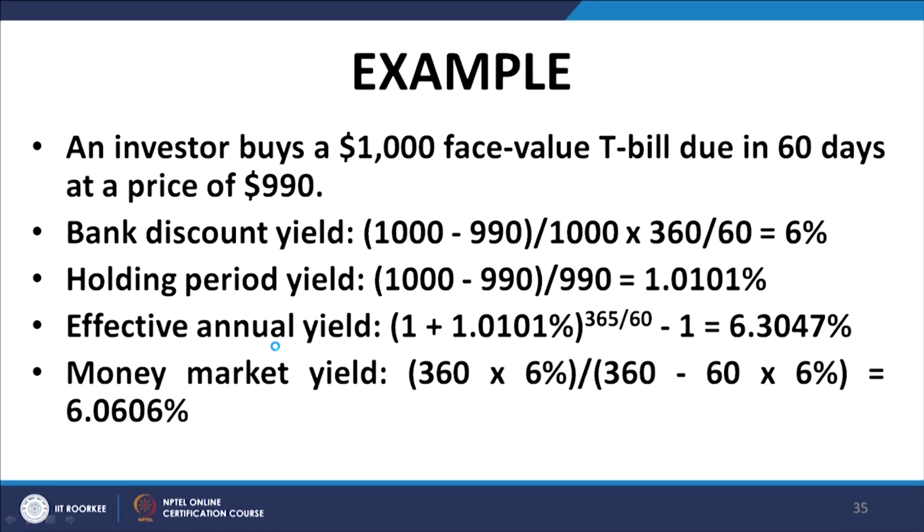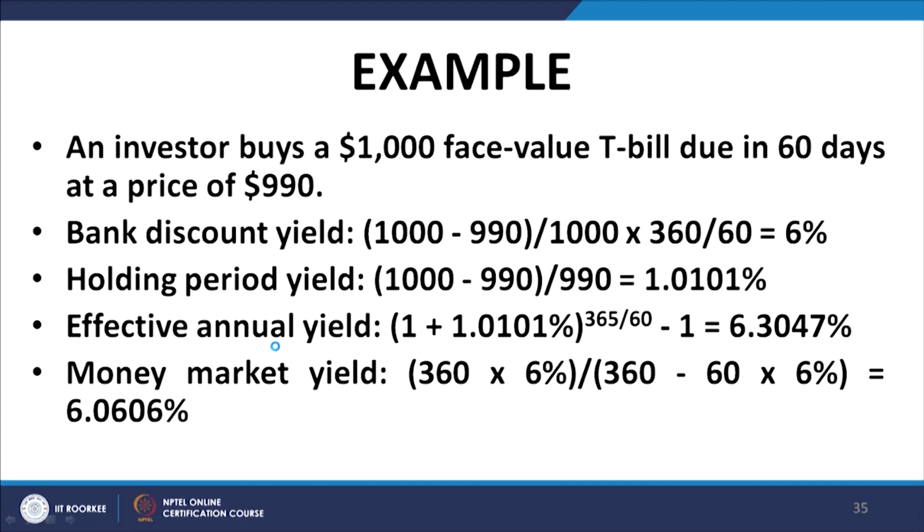Although both are annualized, the issue is one of compounding, and then the second is the day count approach, which is different in both cases, as a result of which the effective annual yield turns out to be more than the banker's discount yield.